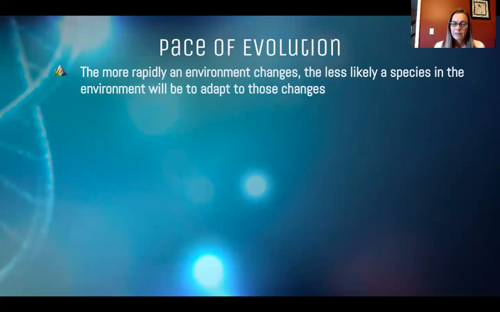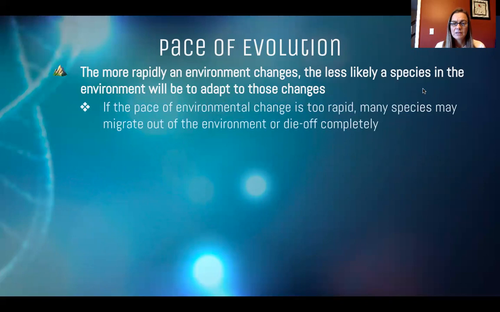Okay, so now let's talk a little bit about pace of evolution, because evolution is not, generally speaking, a fast process. The more rapidly the environment changes, the less likely an organism in that environment is going to be able to adapt to those changes.